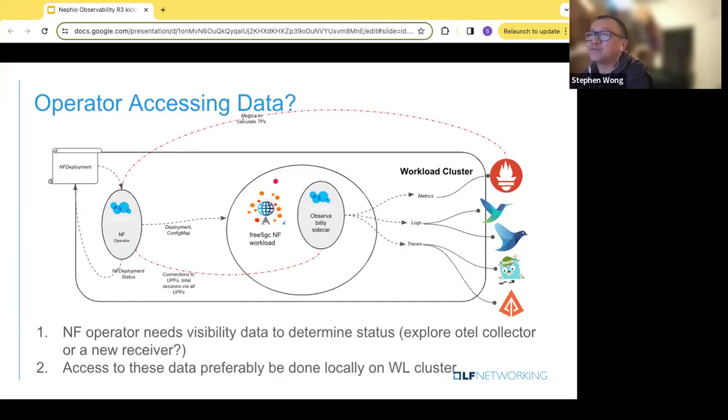So we have to access control all of that, but then if they're interested, they should be able to get them. One possibility is you can use the OTel collector and write our own receiver to be able to do that and send it over to the operator.